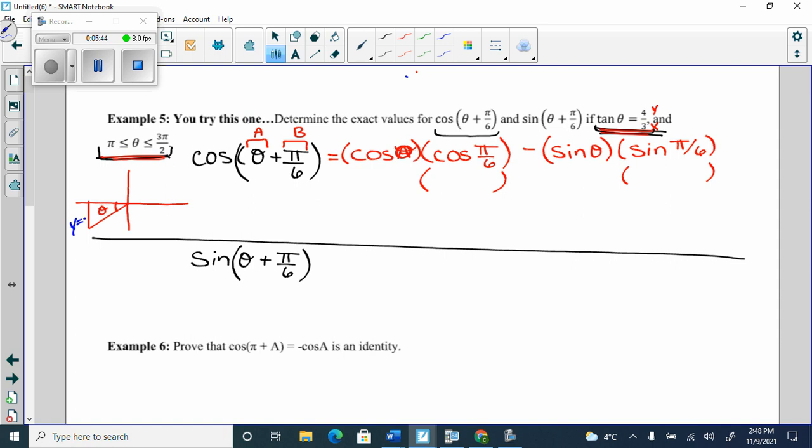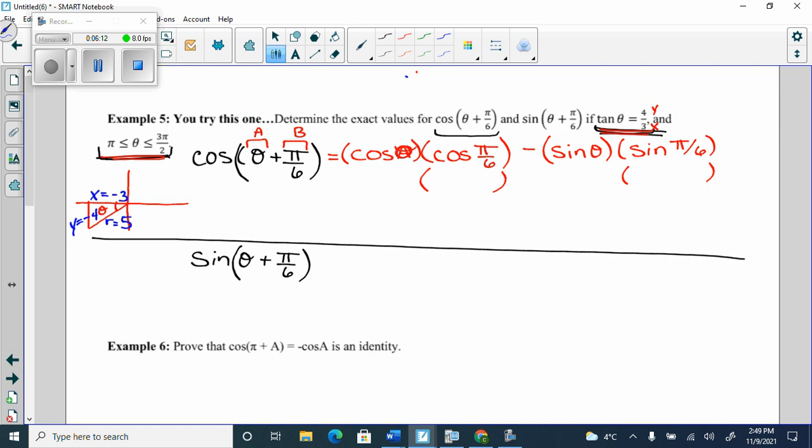Negative 4, because I drew the triangle, and I know it's negative 4, and my x is negative 3, and the negative divided by negative is a positive, and there's no remnants of it, right? But they're negative because you draw the triangle. Okay? Now r, we're going to solve it out, and we get 5. It's the exact same triangle as last time, right?